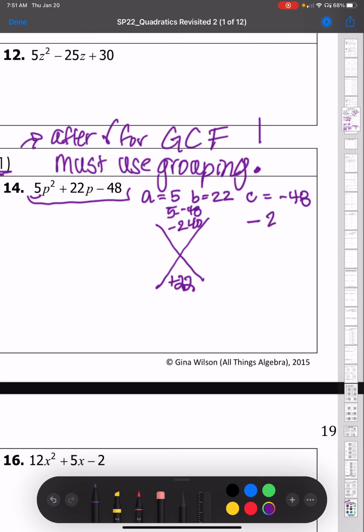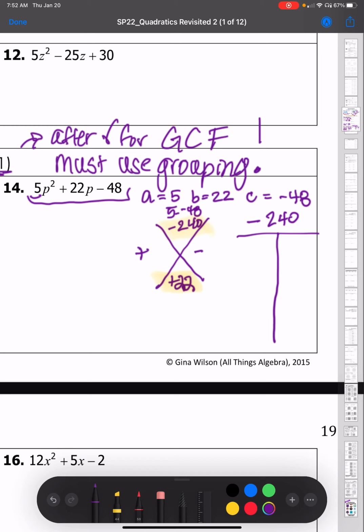So we're automatically looking at negative 240, which tells us that the factors have to be a positive and a negative number. The reason we know that is because when we multiply them together, they're negative. And we also know that we want the larger number to be positive because when we add them together, we get a positive number.